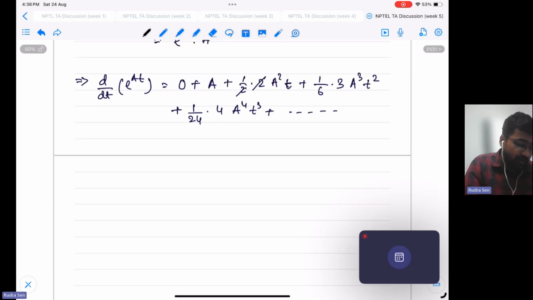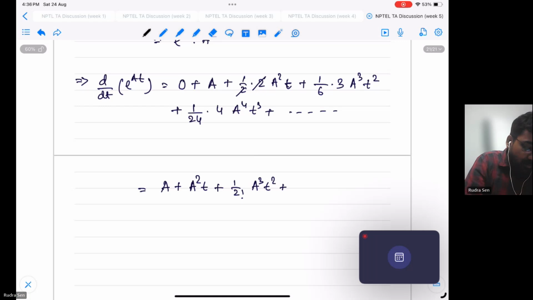It will continue in that way, right? So we can write this as: A + A²t + (1/2!)A³t² + (1/3!)A⁴t³ + in that way.